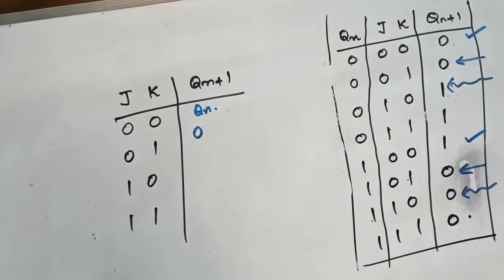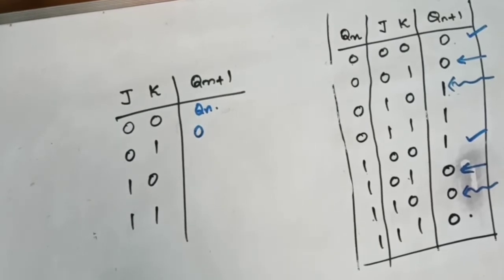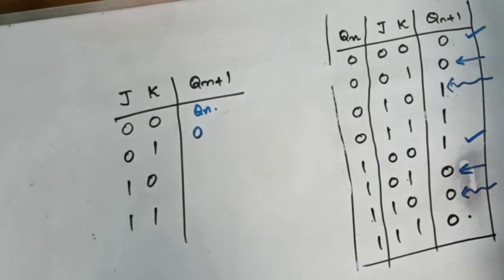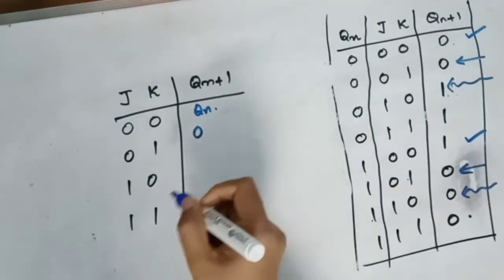So what is it? Sorry, there is a mistake. There is a mistake. Okay, sorry. We just write the next one and then go. So there is a mistake.